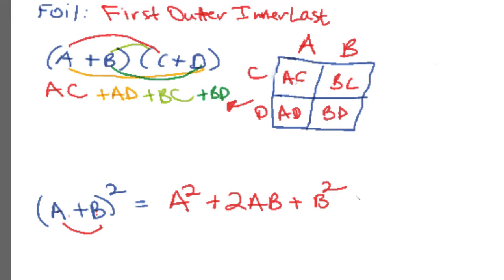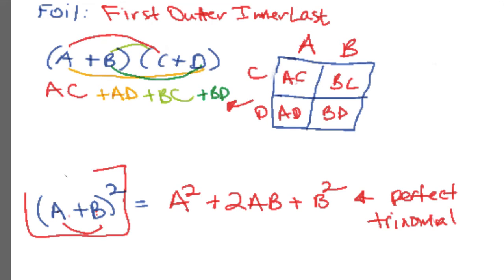And this is called a perfect trinomial square. The reason it's called that is because it can factor back into something that looks like this here, something squared. It has that relationship between the roots of this is always going to be twice the product.